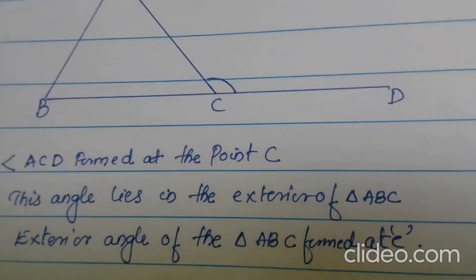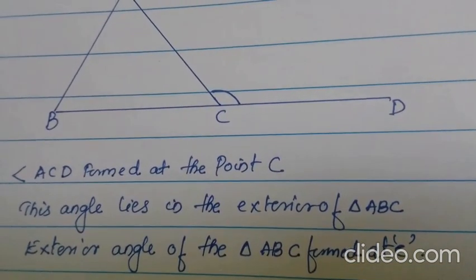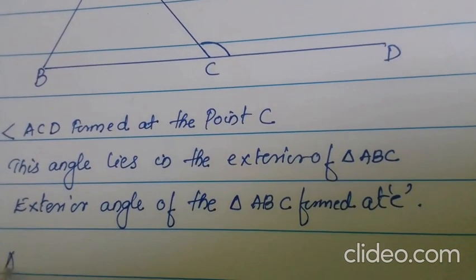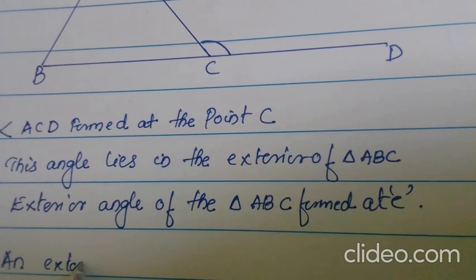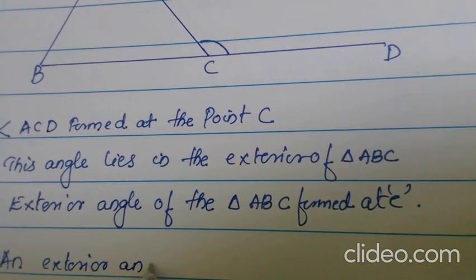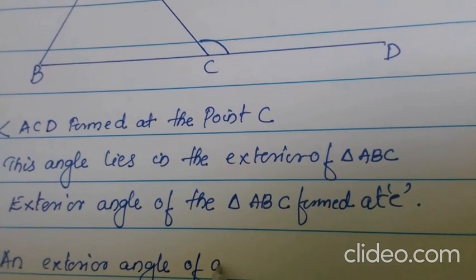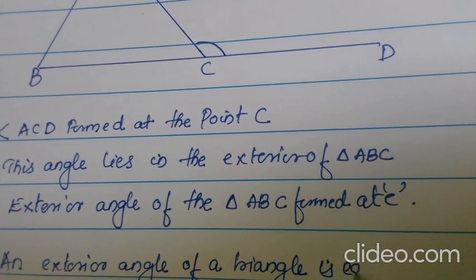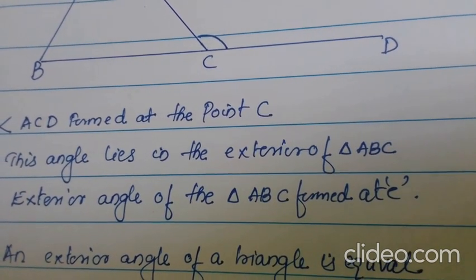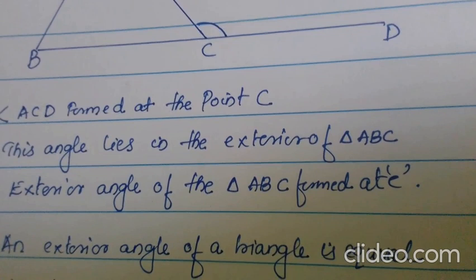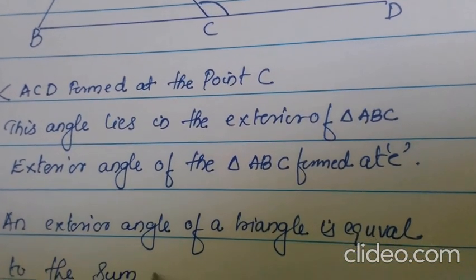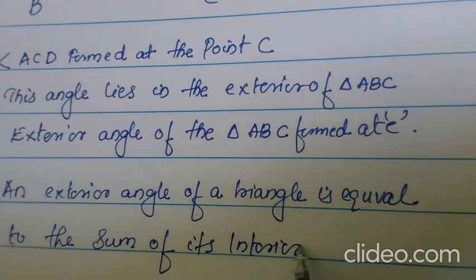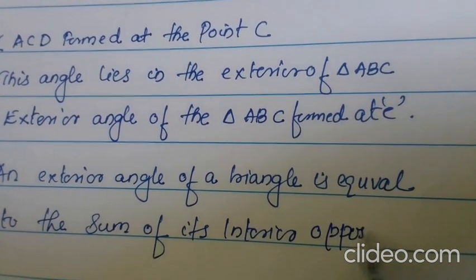Now you understood what is exterior angle. This is an exterior angle. Okay. An exterior angle of a triangle is equal to the sum of its interior opposite angles.